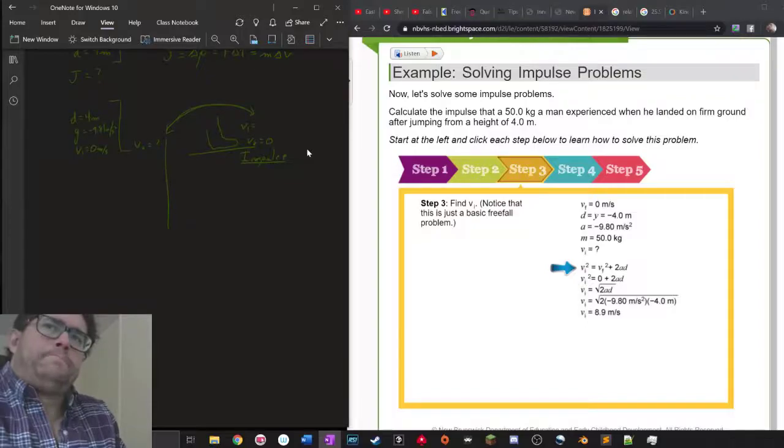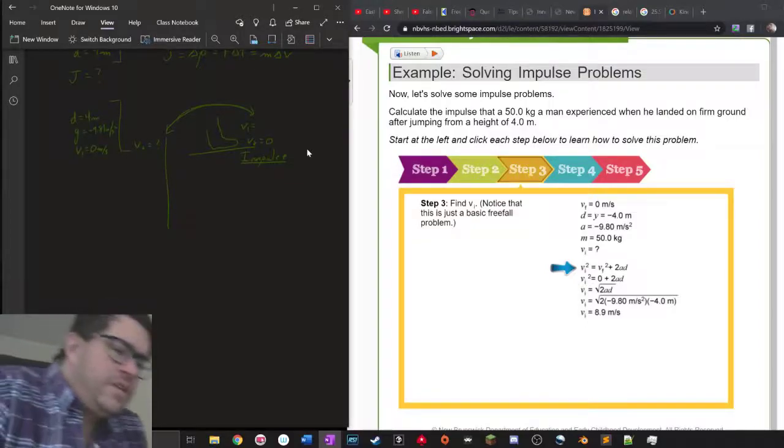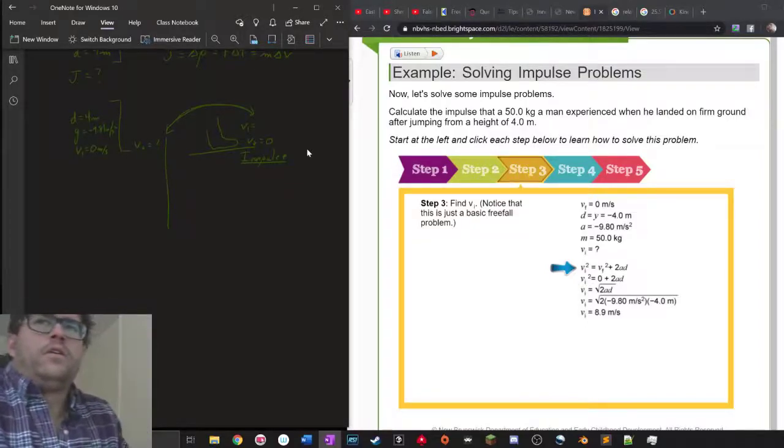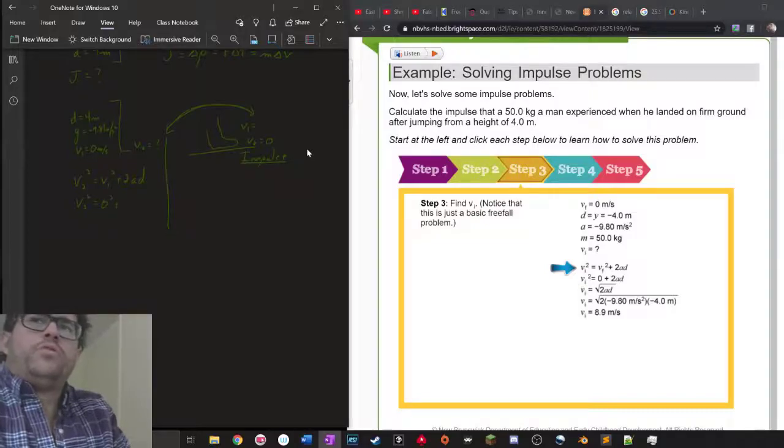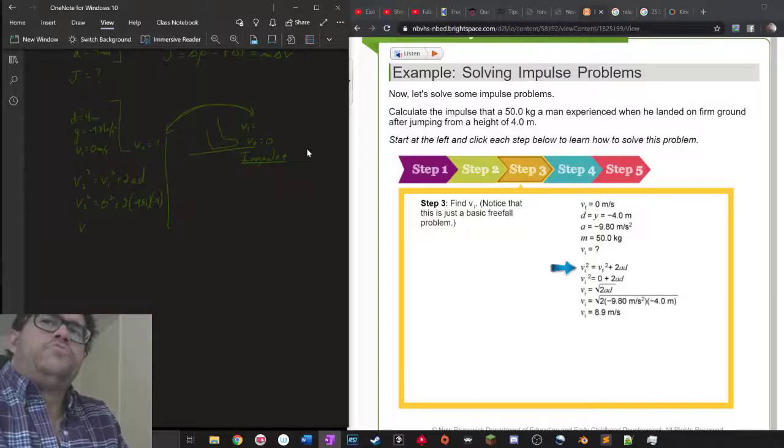So let's teach those nerds. So V2 square is V1 square plus 2AD. V2 square plus, we'll put a minus for the 4 meters, 2 times minus 9.8. So V2 is going to be the root of, notice the square is gone, okay?